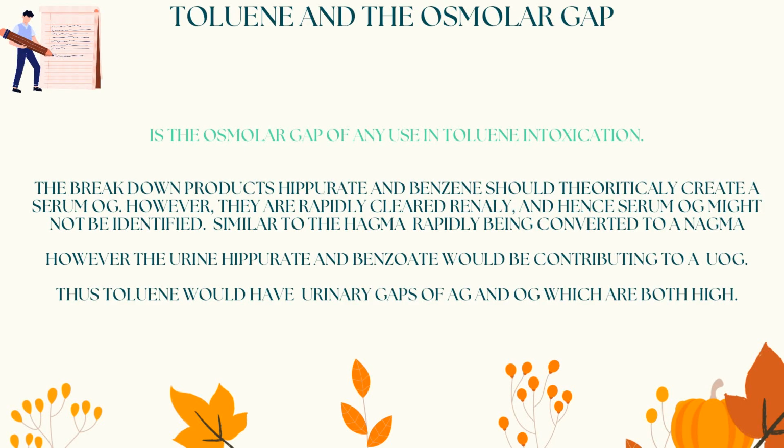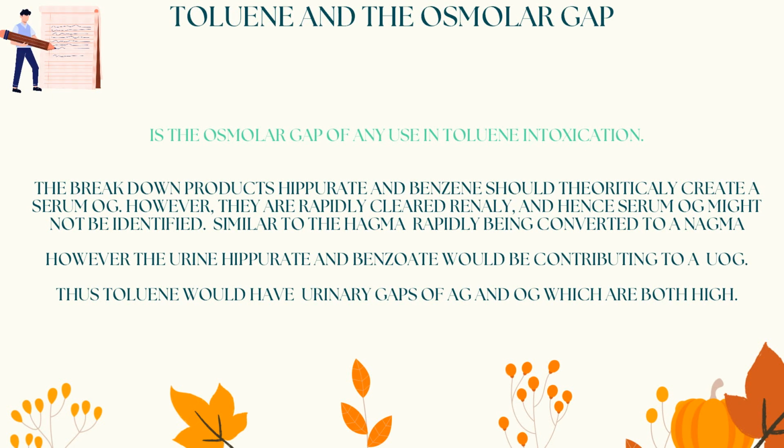So in terms of toluene intoxication, is the osmolar gap of any use? In terms of the serum osmolar gap, because the hippuric acid and the benzoic acid get cleared very rapidly, the HAGMA gets converted to NAGMA quite early on, and we might actually not pick up a serum osmolar gap if we do one.